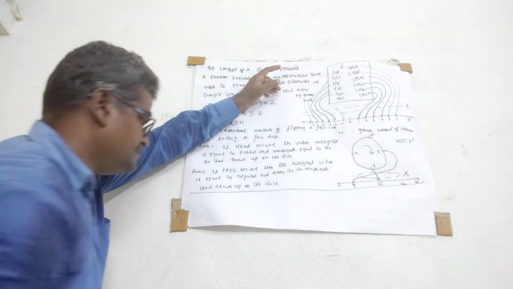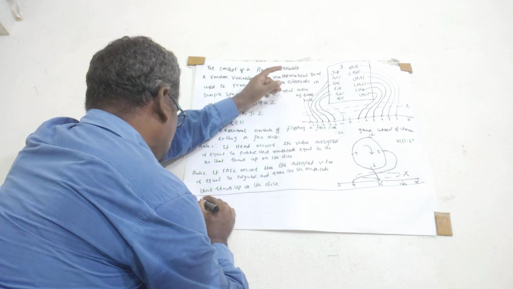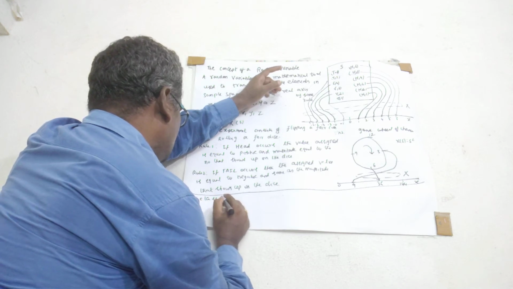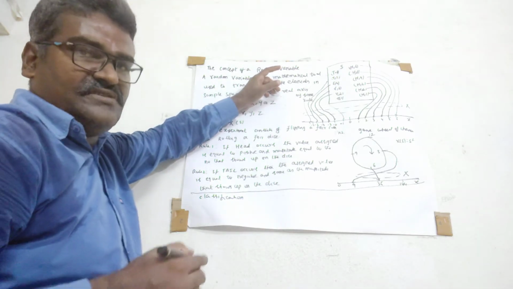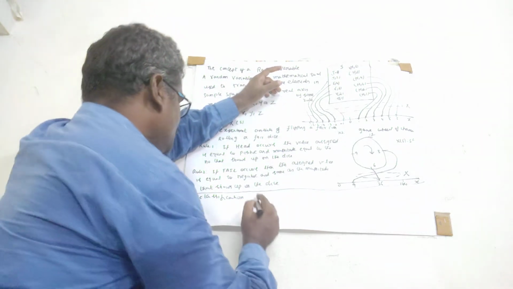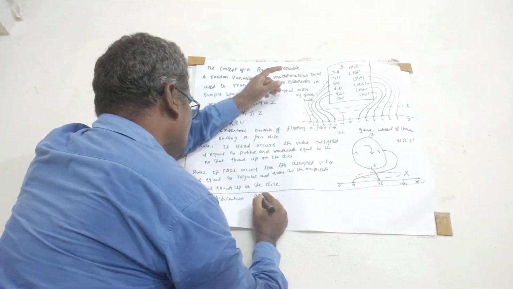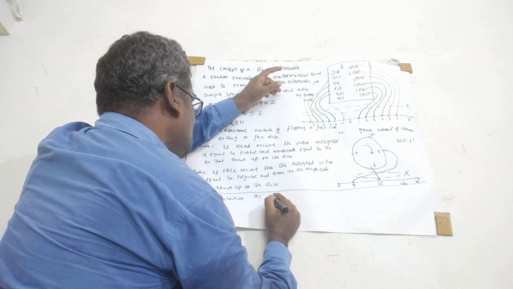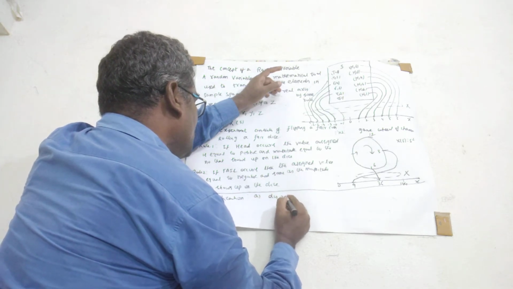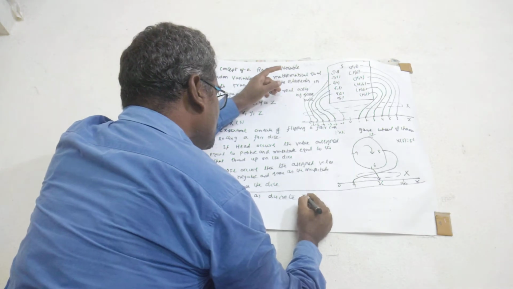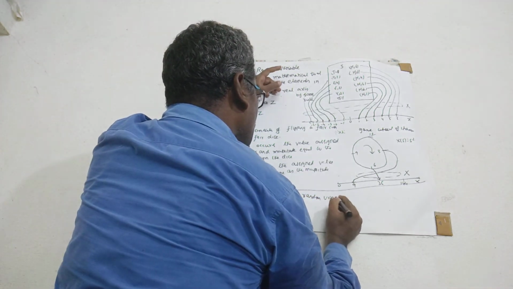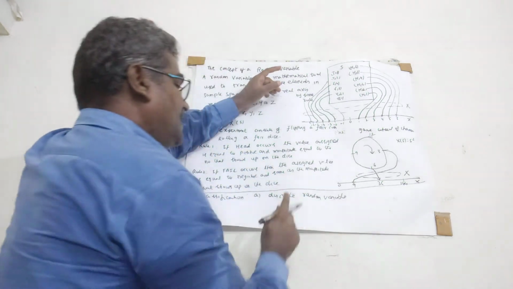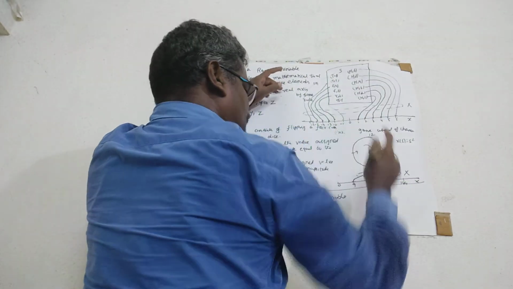Next, we enter into some simple classification. What are the classifications of random variables? One is the discrete random variable. The discrete random variable example is example 1.